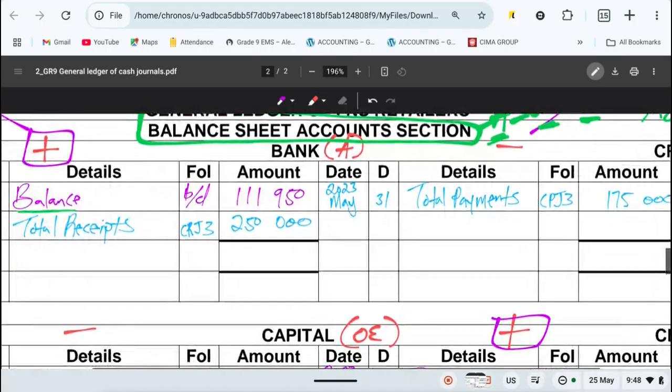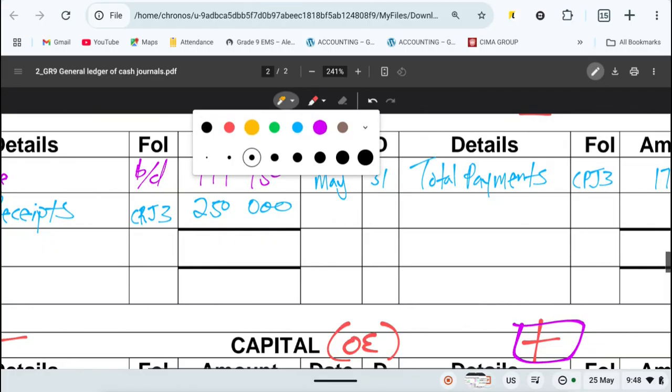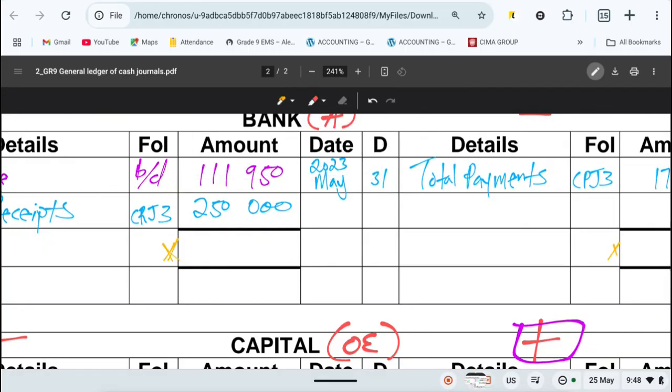What we are trying to do here is to make sure that these totals are equal. To make them equal, we have to find the difference. What makes these two sides different from each other? That's what we need to do first. What makes them different, and how can we make them equal? So we are going to do that together.